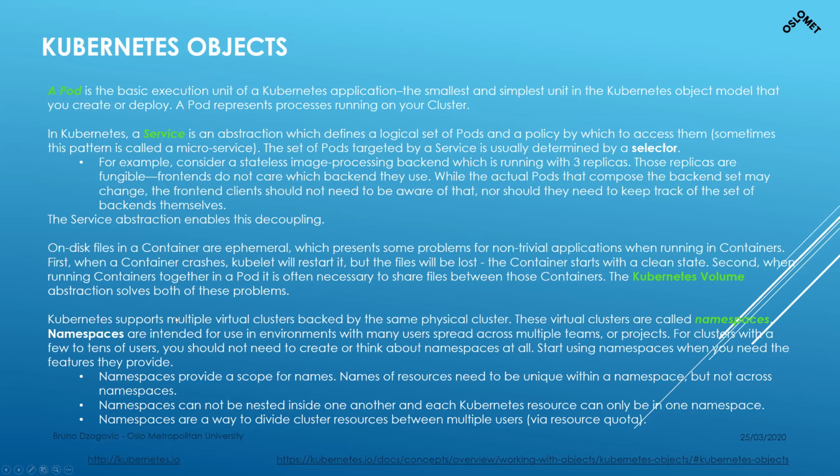But first, namespaces. There are lots of virtual clusters backed by the same physical cluster. These clusters are called namespaces. They are intended for use in environments with many users spread across multiple teams. So you can have namespaces of, let's say, using Microsoft Office for developers, and using Microsoft Office for the testers and for whatever else.